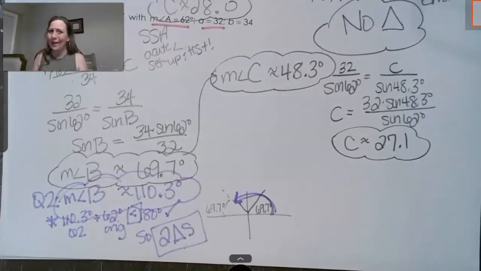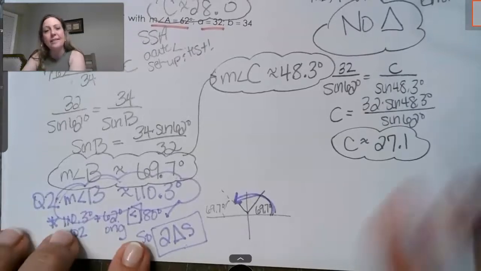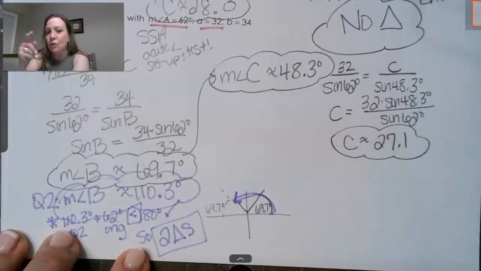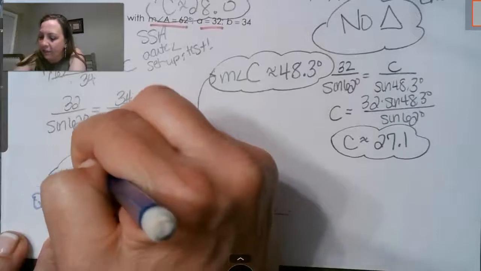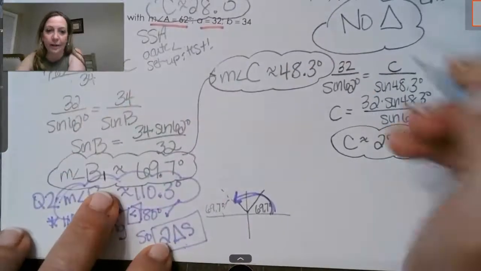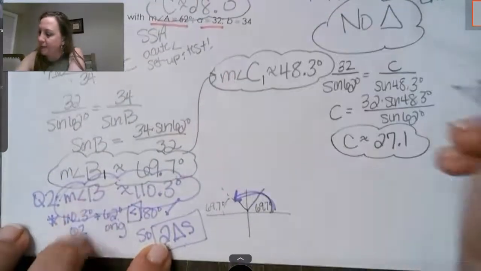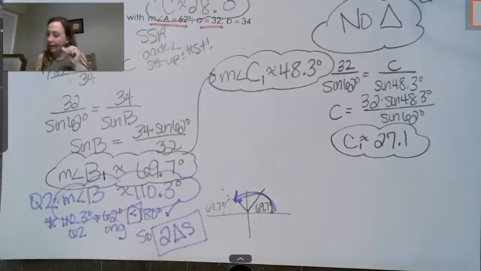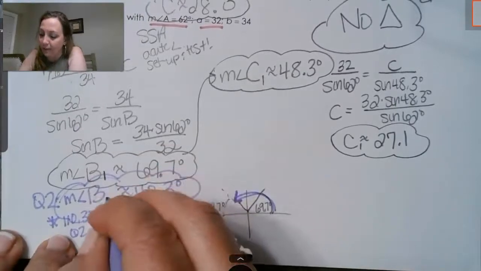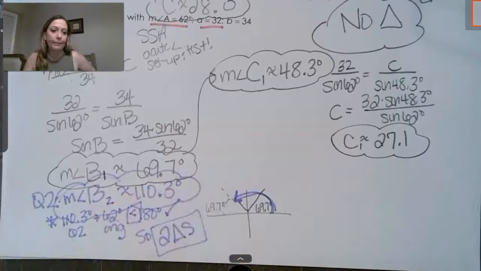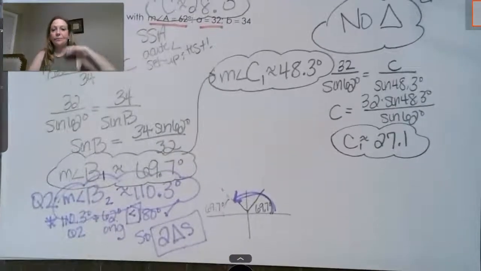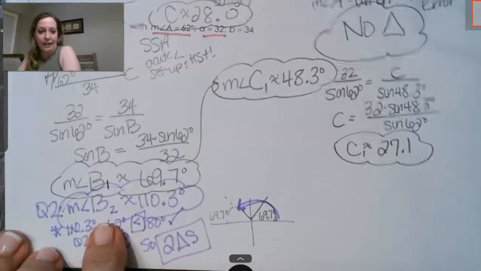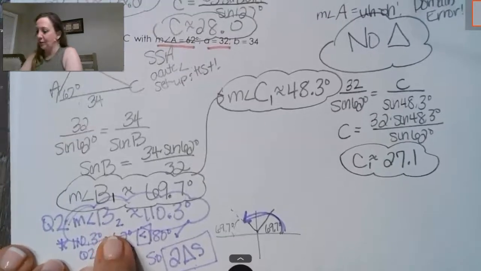But I can't have 2 angle B's. I need to distinguish between these triangles. So I'm going to go back, and in these first ones, I'm going to call this B sub 1, C sub 1, and then side C sub 1 here. So that way I don't get it confused with this other possibility, which I'm going to call B sub 2. So let's think about if this angle B was the angle in question.